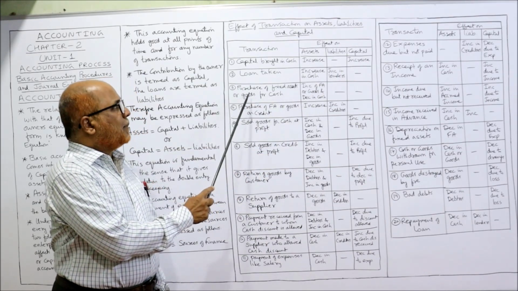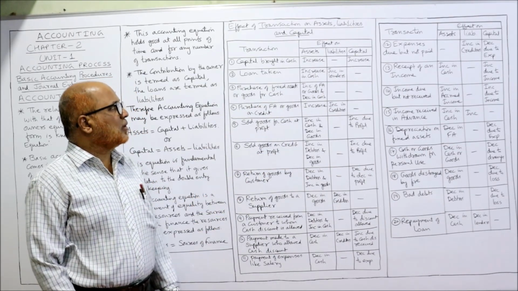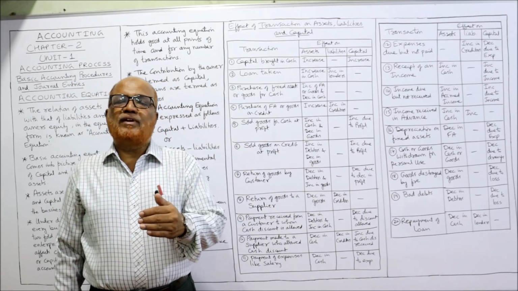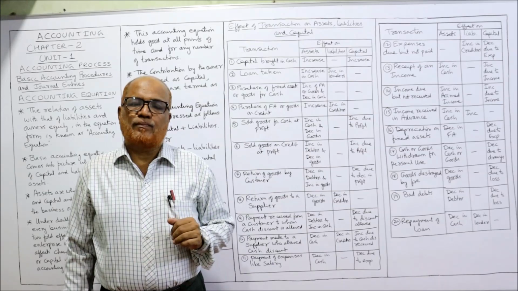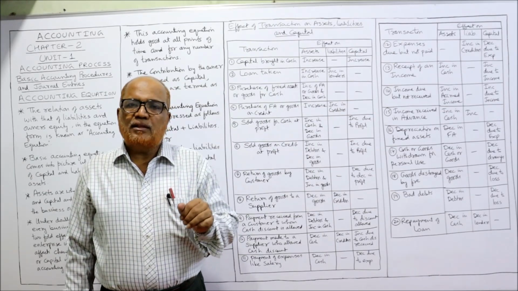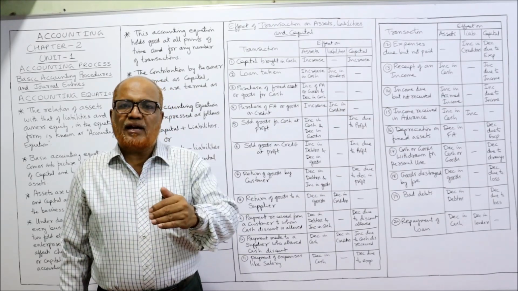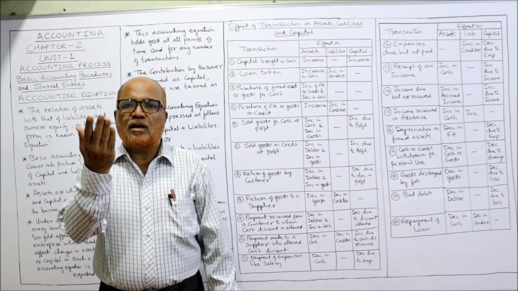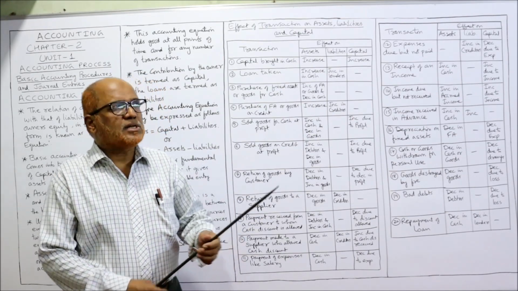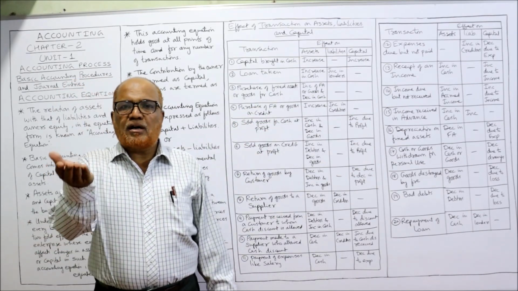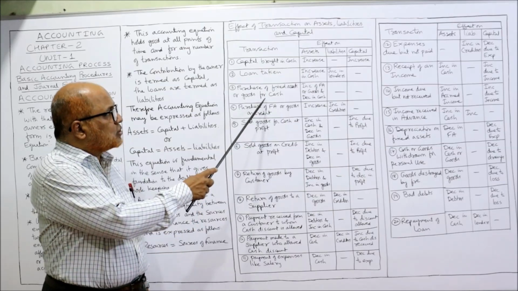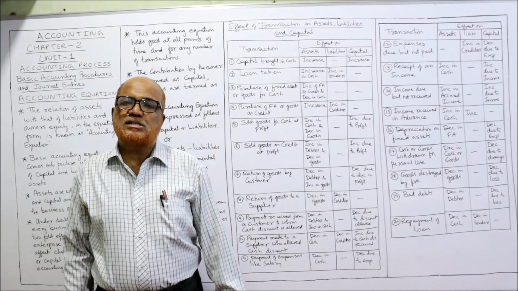Now third, purchase of fixed assets or goods for cash. Purchase of either fixed assets or goods for cash. In this case, something we are getting, something we are giving. Suppose goods are purchased, so increase in goods, and goods are the asset. So increase in goods but decrease in cash because cash is going out. For cash we are purchasing.